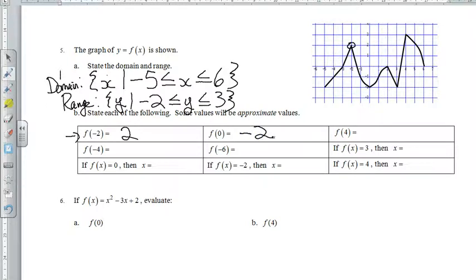F at 4, positive 3. Again, if you're not sure of something, then please ask. It'll be recorded for posterity. F at negative 4, negative 1.